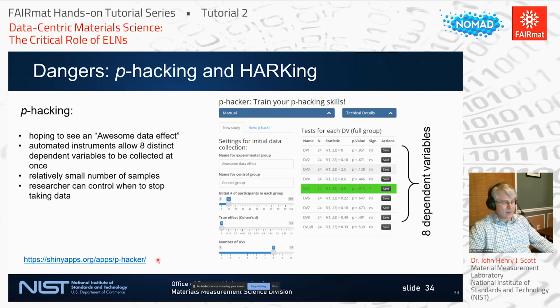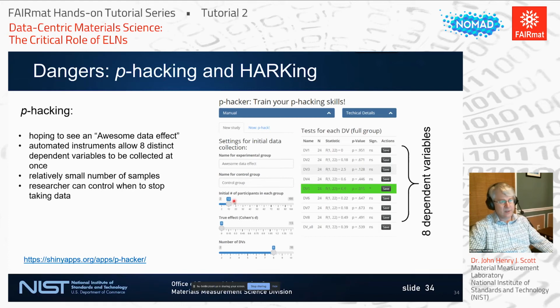If you navigate to this URL, again, not maybe now during the tutorials, but later, there's a Shiny app written in R Shiny that walks you through this as an example, not to train you on how to do this well, of course, but to give you an idea of how you can slip into this perhaps without realizing it. You create a new study, awesome data effect, I've called it. You have a control group. There's a slider on the website.